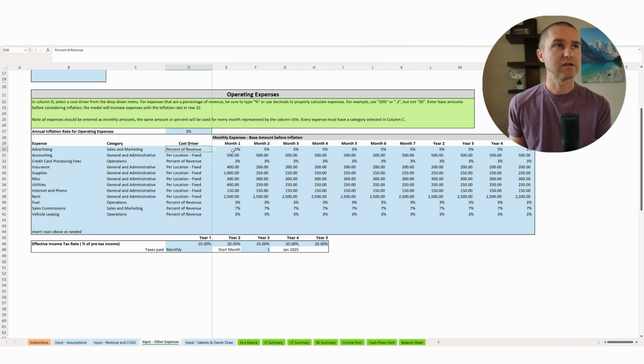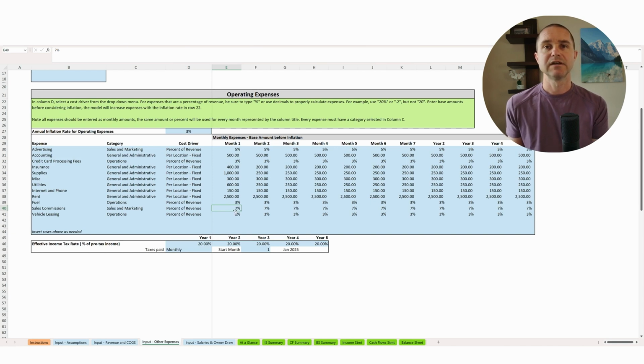So for advertising, I'm going to assume we spend 5% of our revenue. Accounting, I'm going to have $500 worth of accounting charges, but that's per location. So every time I open a new location, I'm going to have this new $500 expense. Credit card fees, 3%.